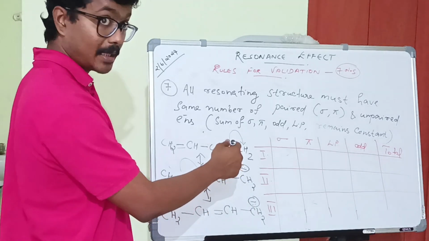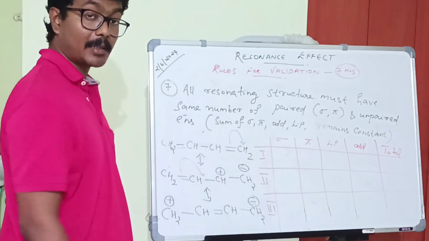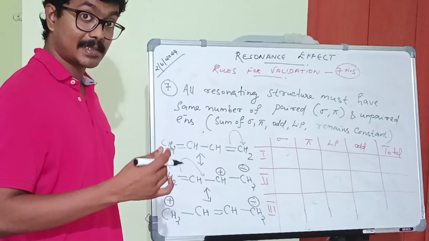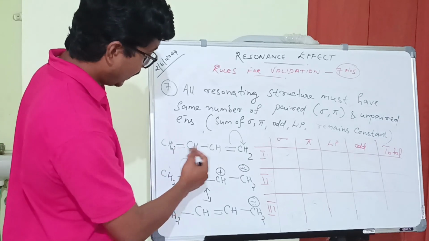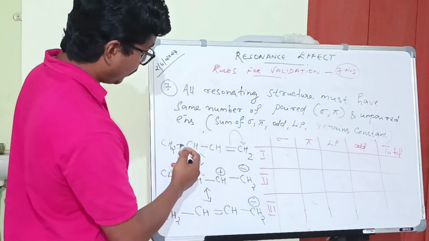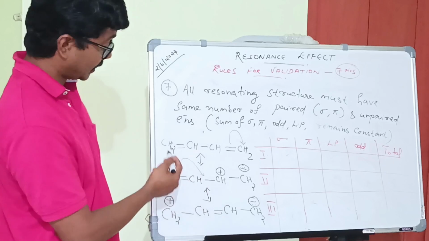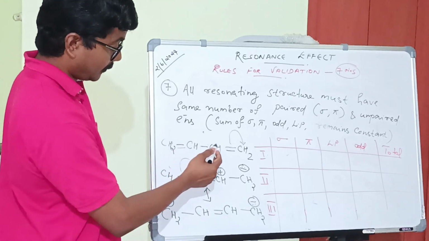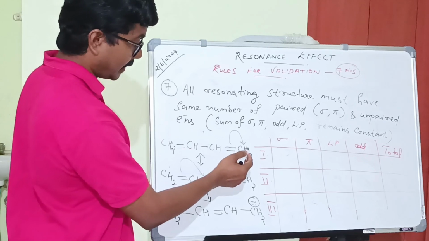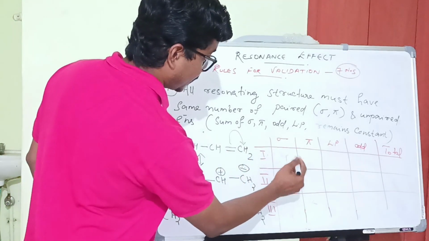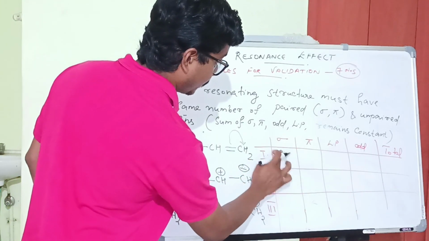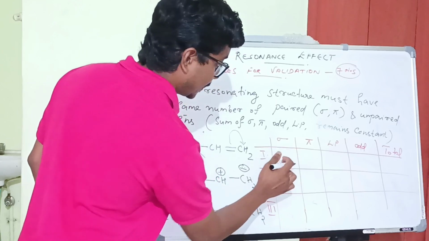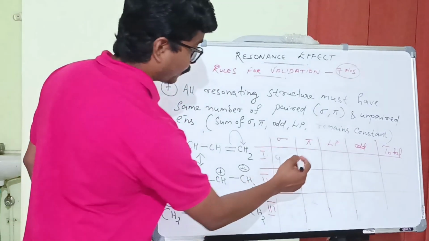So let's count the paired and unpaired electrons in these three resonating structures. Let's see whether they are the same or not. In the first case, how many sigma bonds are there? 1, 2, 3, 4, 5, 6, 7, 8, 9. So in the first case, 9 sigma bonds.